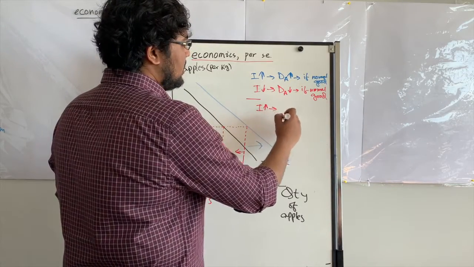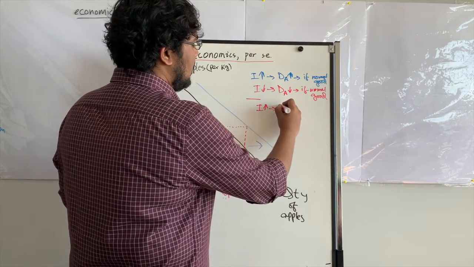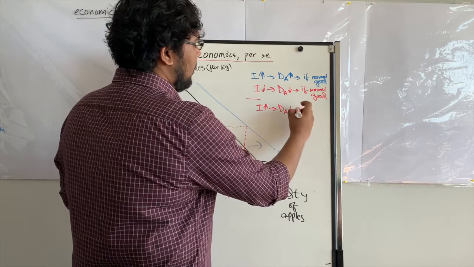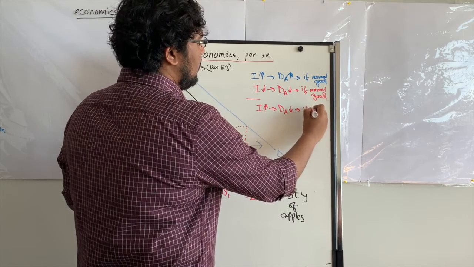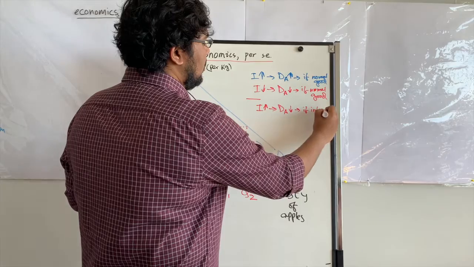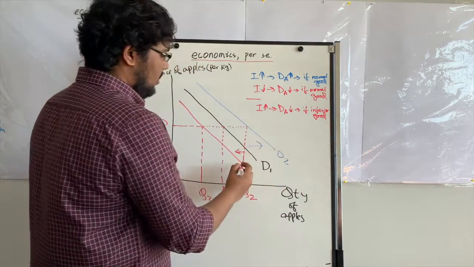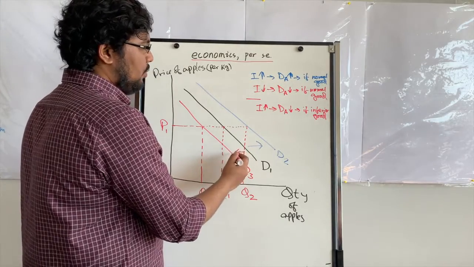If income increases, then demand for apple would decrease if inferior good, and the leftward shift will take place.